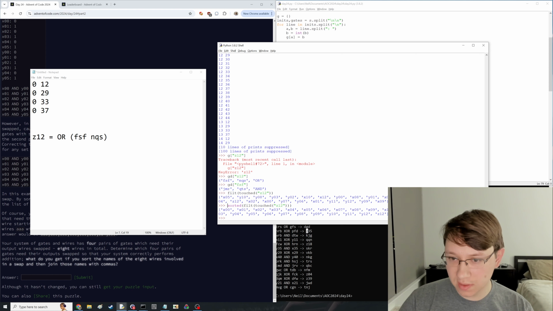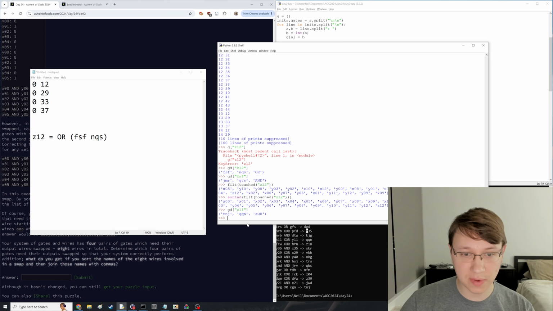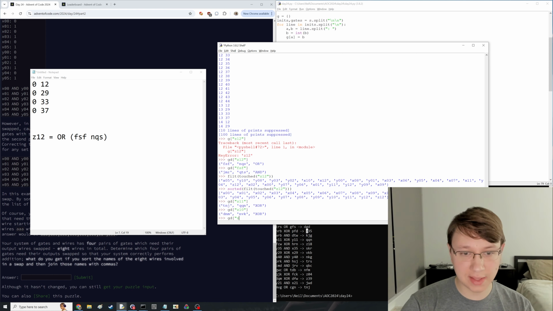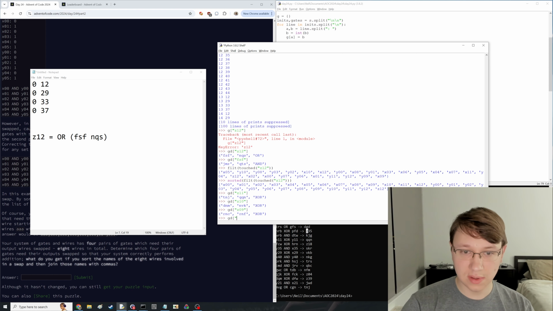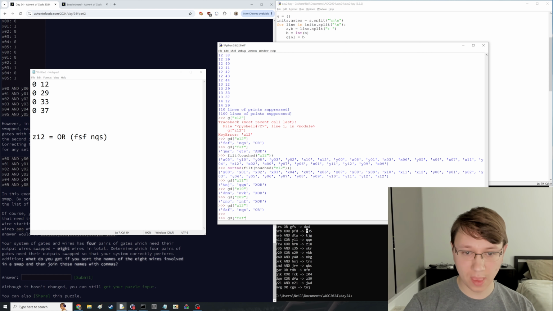The fact that we're not reaching anything higher than 12 suggests to me that we've just messed up something here. So let's see. The output for most of these, like Z11, everything up to 11 I think works fine, is an XOR. This is probably true. Yeah, these are all XORs, and Z12 is not. That is very telling.